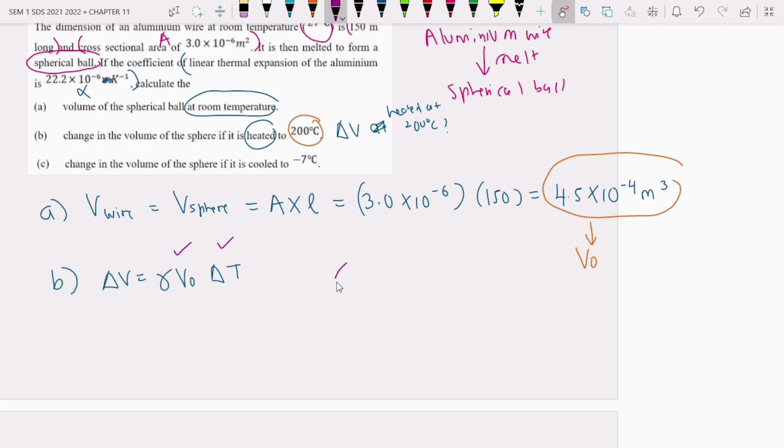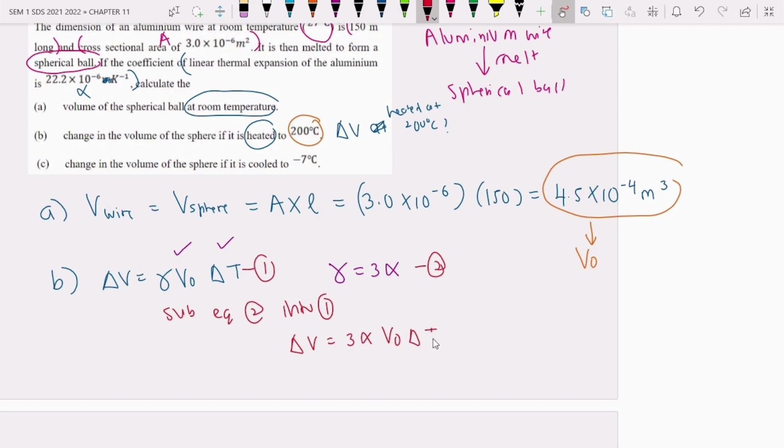How? Because we know the coefficient of volume expansion is equal to 3 times the coefficient of linear expansion. This is your first equation and this is your second equation. You substitute equation 2 into 1. When we substitute, we will get 3 times the coefficient of linear expansion times the initial volume times the change in temperature.